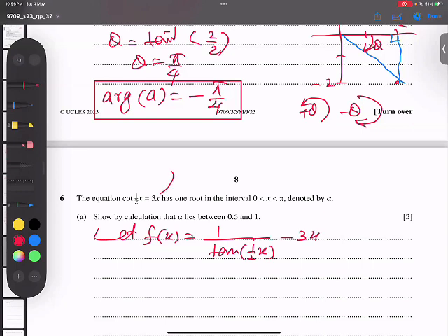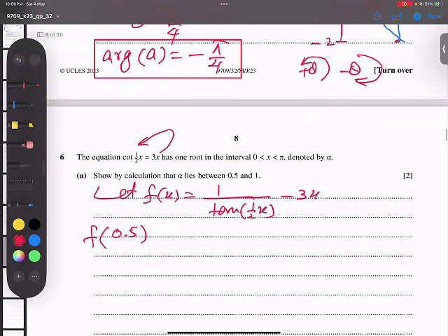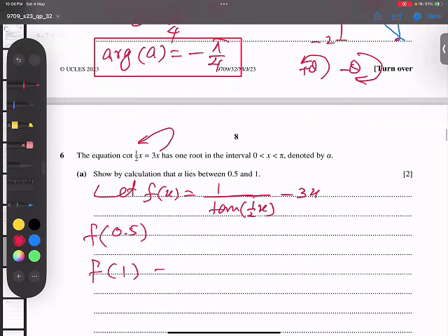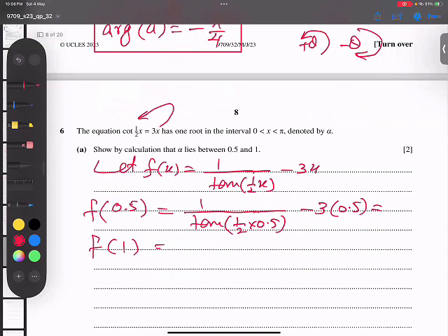I repeat my words: I brought it there, and now one by one I will plug in. He said by calculation, so one time plug in 0.5 and one time plug in 1. And make sure you convert your calculator to radian mode, and let's see what answers turn out to be.